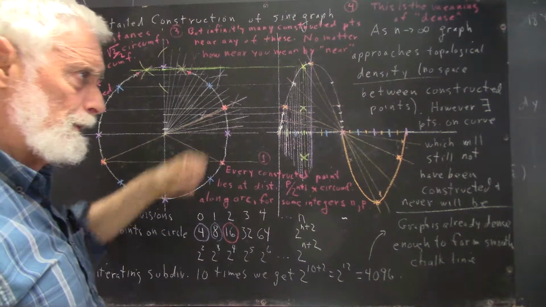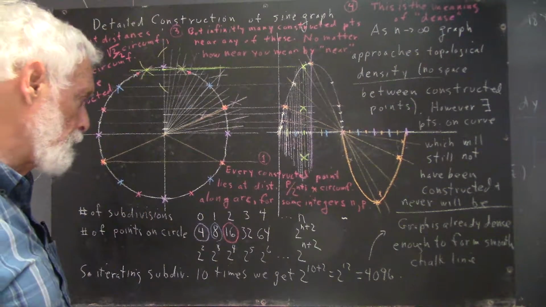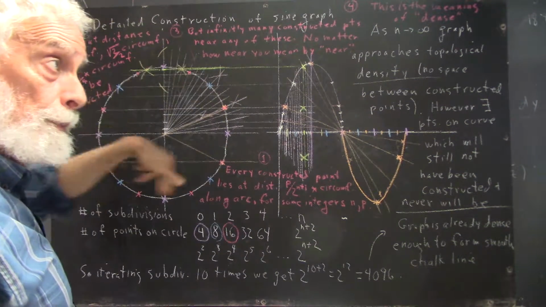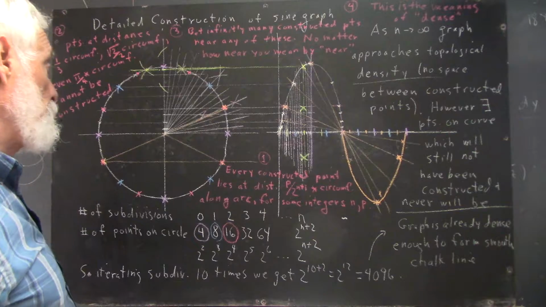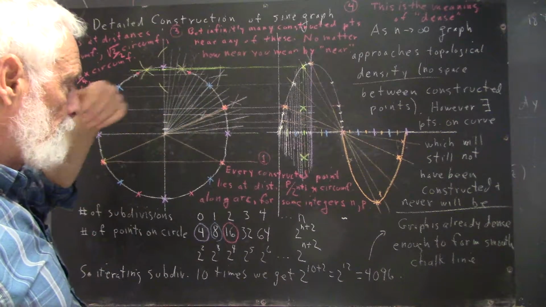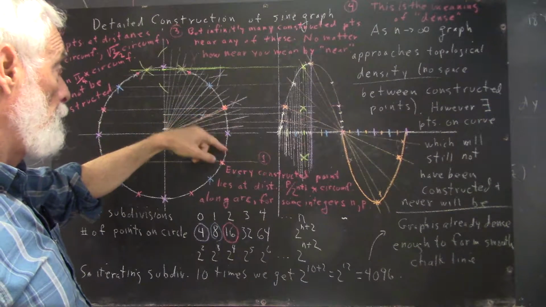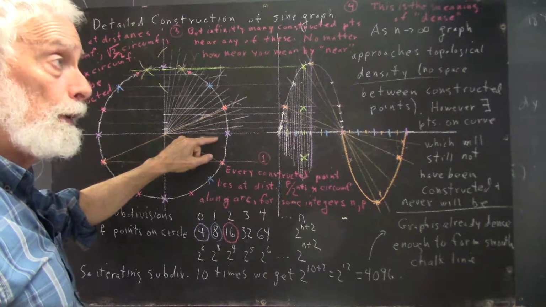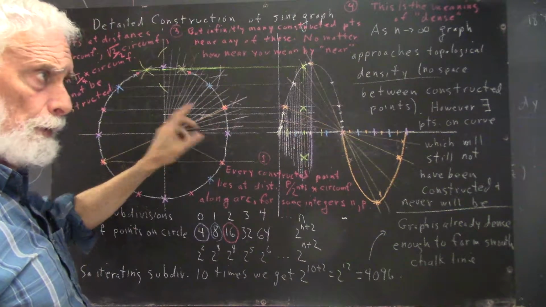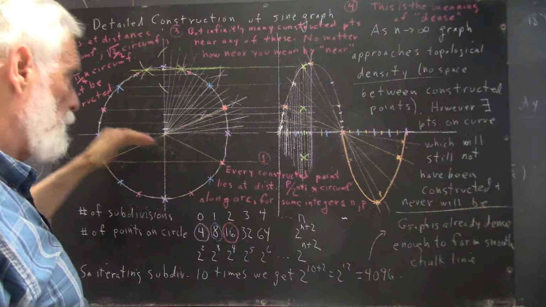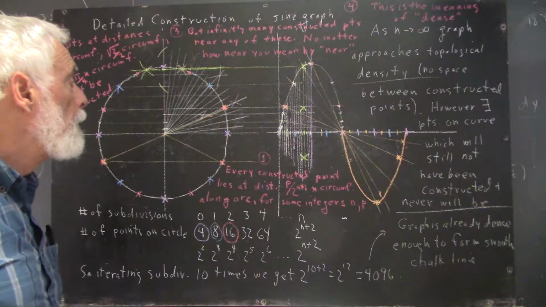There are 16 subdivisions around here, 16 positions on the circle. So the first position lies at 1/16 the entire circumference from our standard starting point, which is along the positive horizontal axis to the right of the origin.